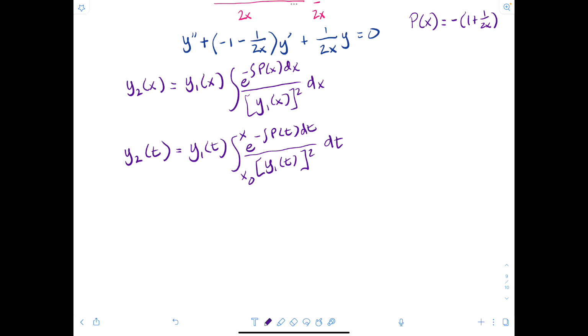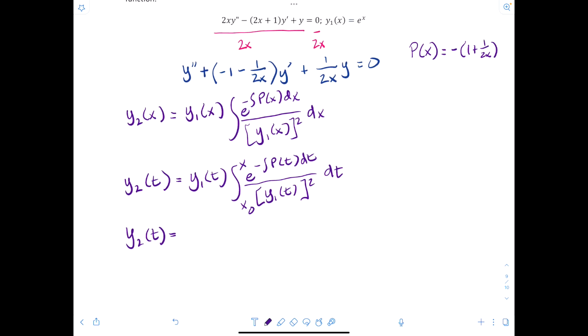So, plugging in what we know, we'll have y2 at t equals y1 at t, which is e to the t. We'll still have that integral from some x0 to x, e to the negative, so negative, because p at x is negative 1 plus 1 over 2x, so p at t will be negative 1 plus 1 over 2t.